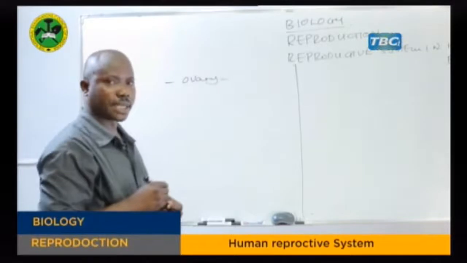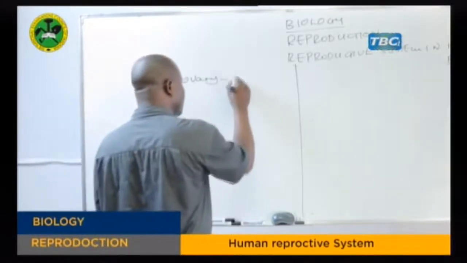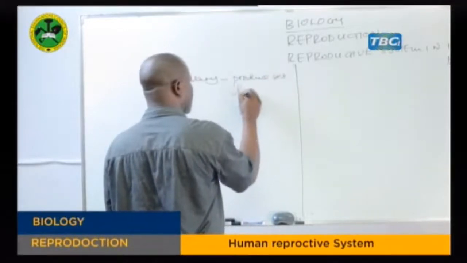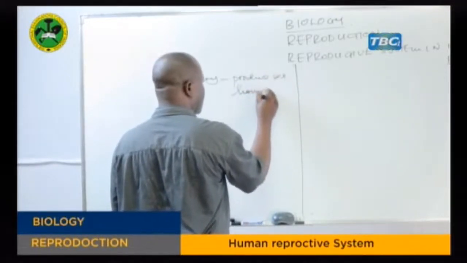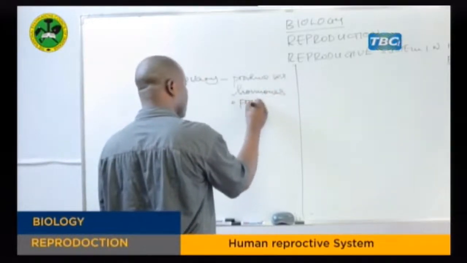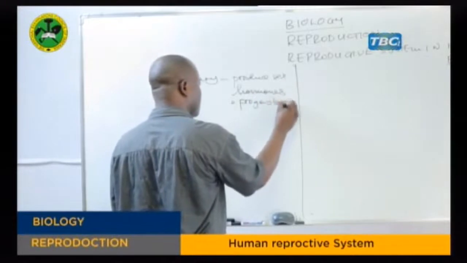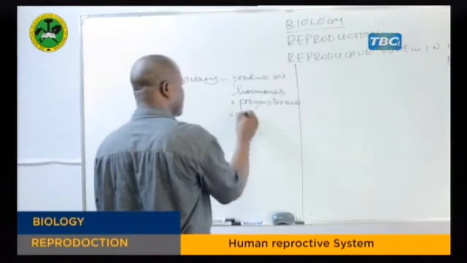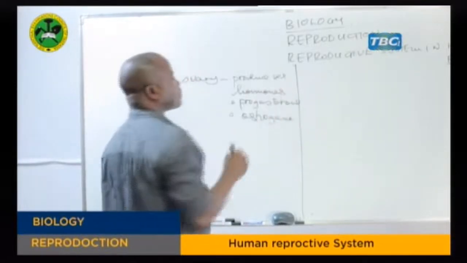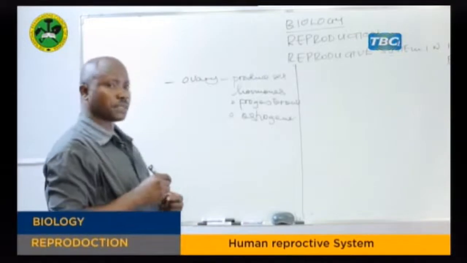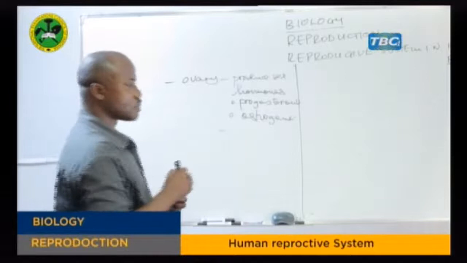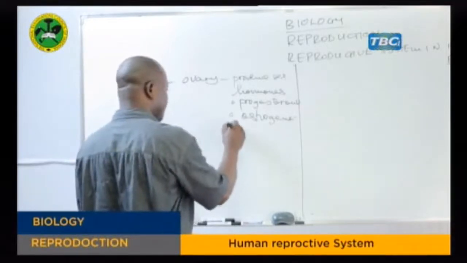The ovary, as I said before, produces hormones, that is progesterone and estrogen. These are two hormones produced by the ovary, but another function is production of the female gamete.